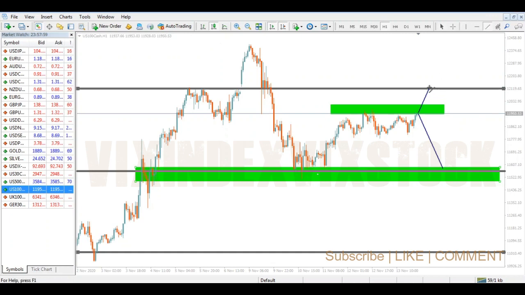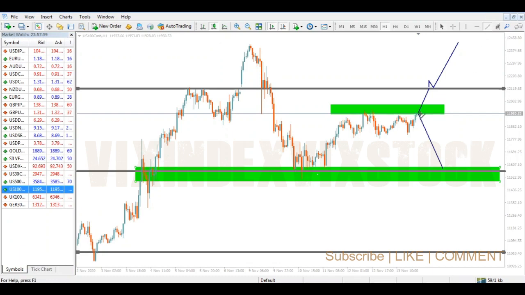From there, if it continues, maybe we might see a breakout and probably a retest before price continues. We've been beyond this point already.